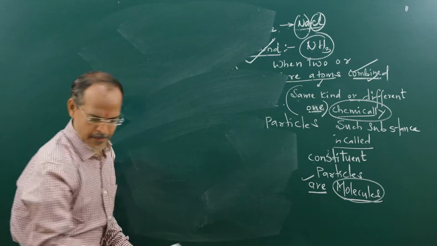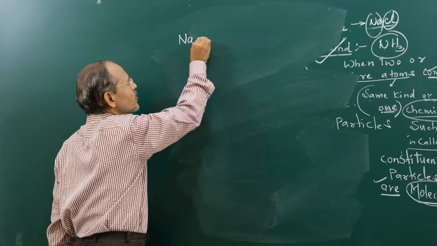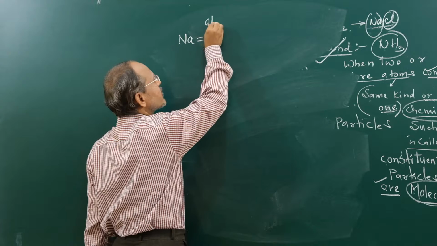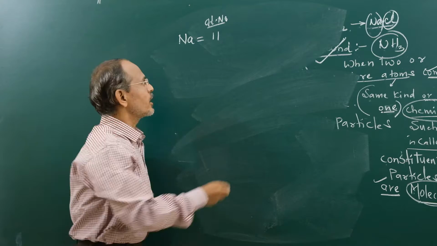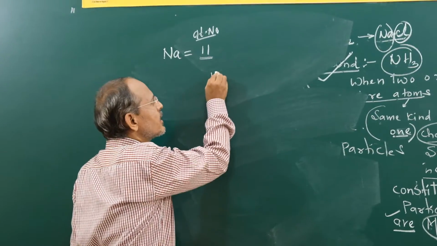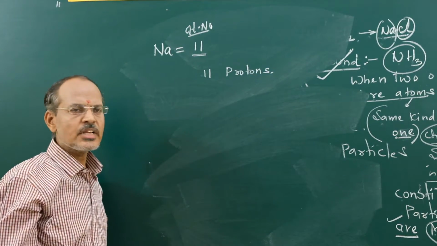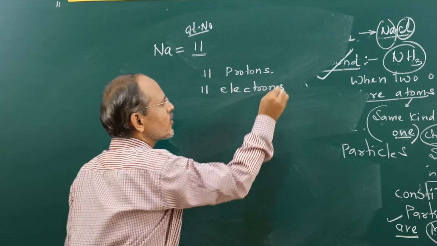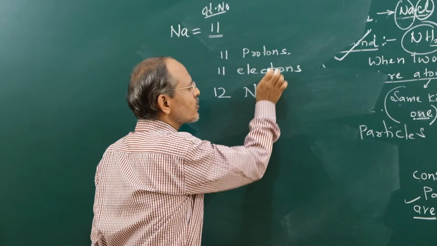If you take sodium, the atomic number, later on I will tell you what an atomic number is. Sodium's atomic number is 11. That means it contains 11 protons, it contains 11 electrons, and it contains 12 neutrons.